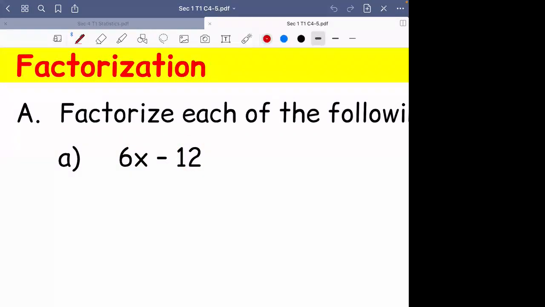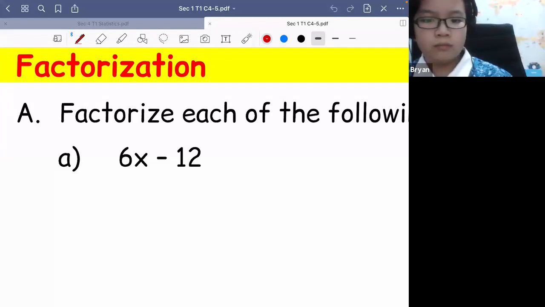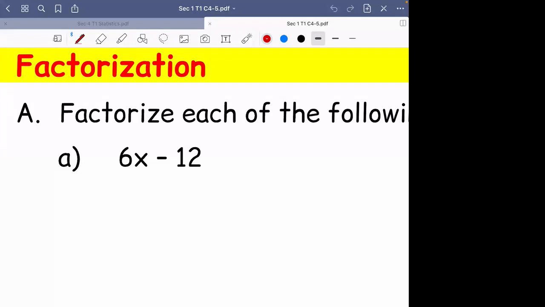What is the GCF, or HCF, of 6 and 12? Anyone wants to help me? Okay, so the GCF, or the common factor between 6 and 12, is basically 6, right?